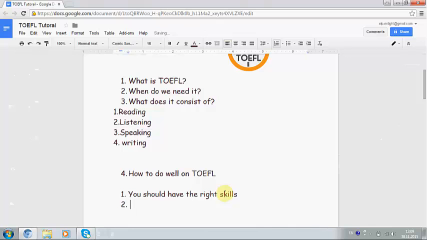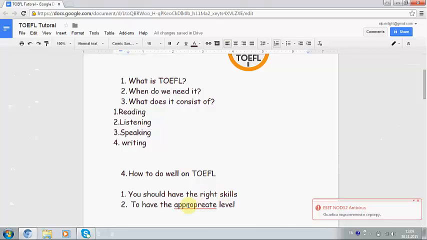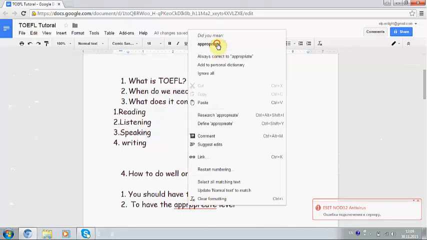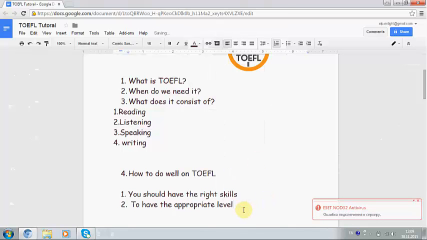So secondly, you need to have the appropriate level. Which means if you are a strong elementary student, or even if you are a weak intermediate student, TOEFL is not for you yet. Please remember it.